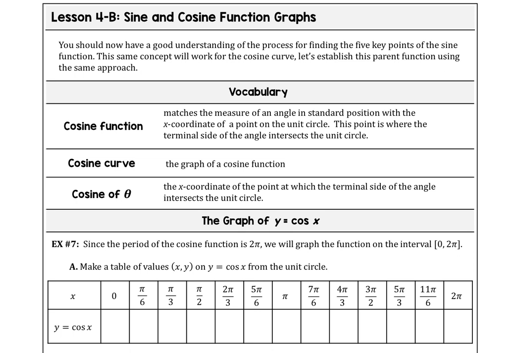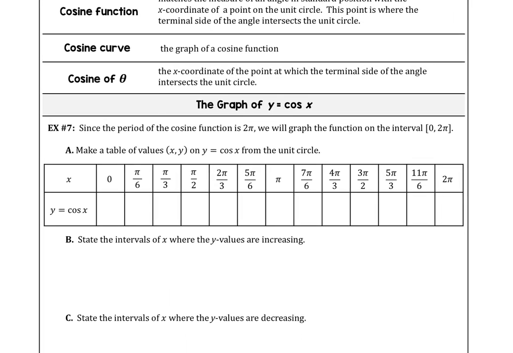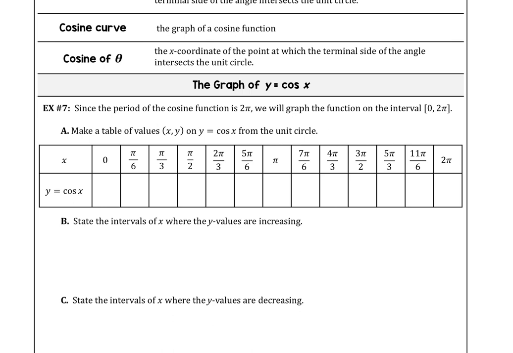So if you recall with the unit circle, you start on the standard position side at 1, 0, and then when you go pi over 6, the x coordinate there is root 3 over 2, and then at pi over 3, the x coordinate is 1/2, and then when you get to pi over 2, the x coordinate is actually 0. Okay, and so what we'll do is list all those values, kind of like we did with the sine curve, and then we'll look at where the function increases, where it's decreasing, and then we'll draw a sketch of the curve here.